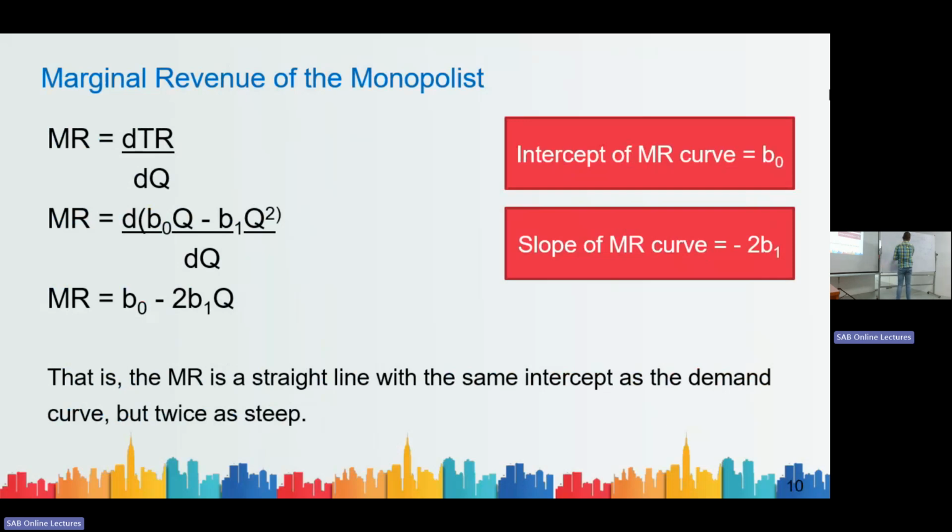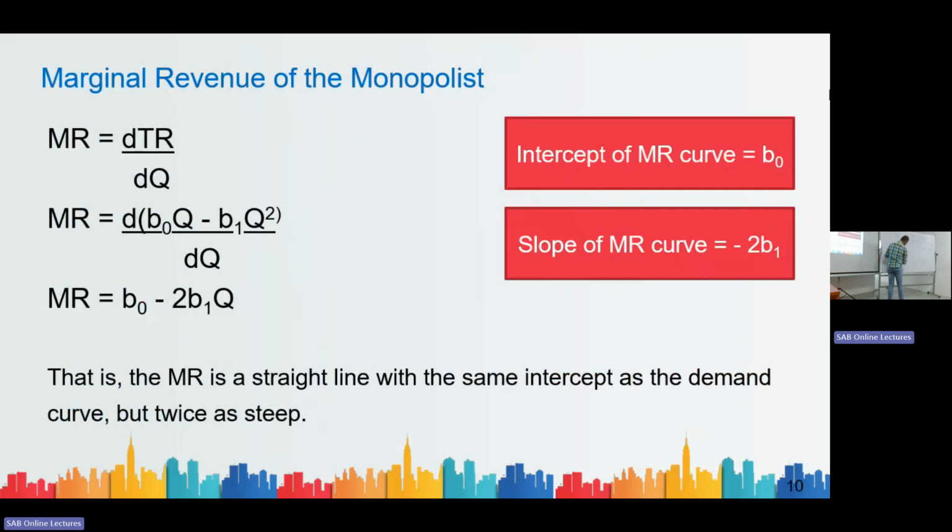So in the demand curve, the slope is minus 0.2. The marginal revenue curve is twice steeper. If you know the demand curve, it is very easy to draw the marginal revenue curve. You have to divide the distance from 0 to the maximum quantity into two equal parts.